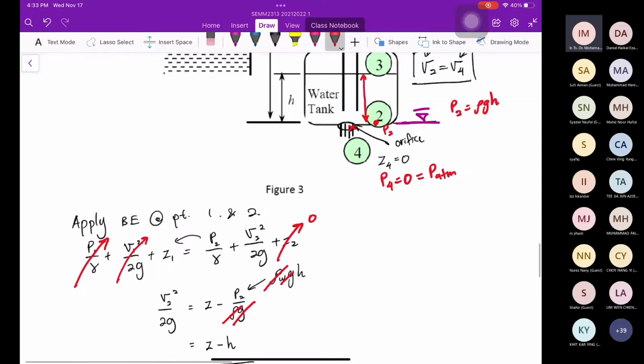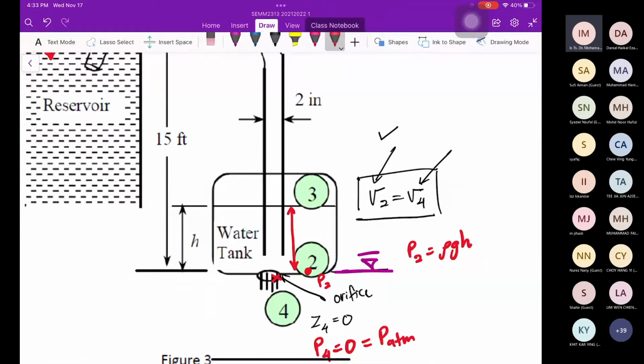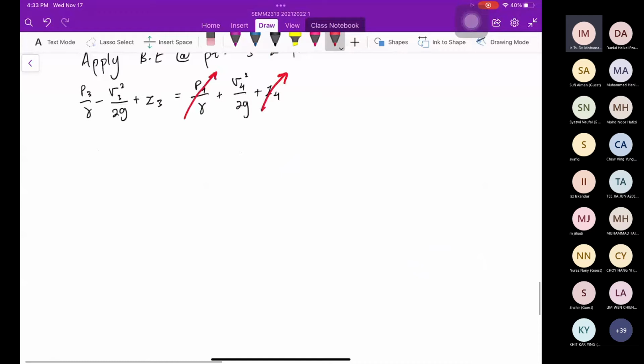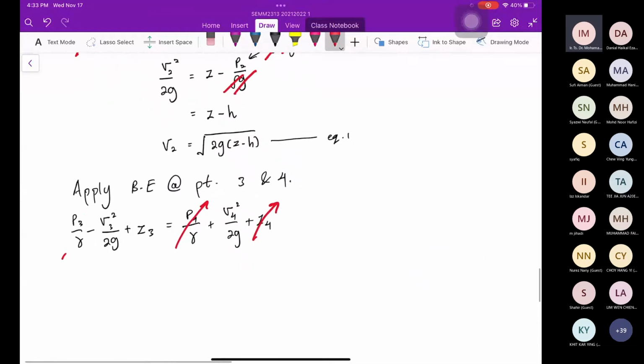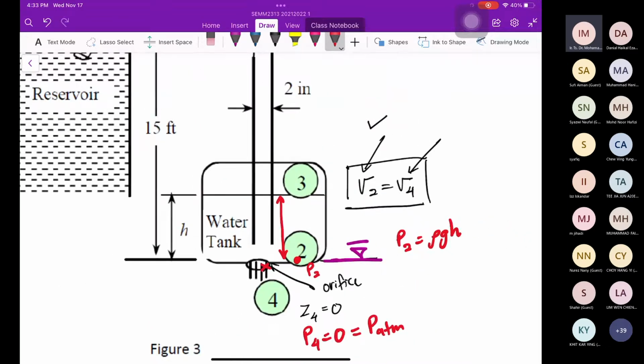And then P3, can you see? It is also at the top of the surface, so it is cancelled. And the velocity at 3, at this point, is nearly 0 because it is hard to see the velocity on the surface move.